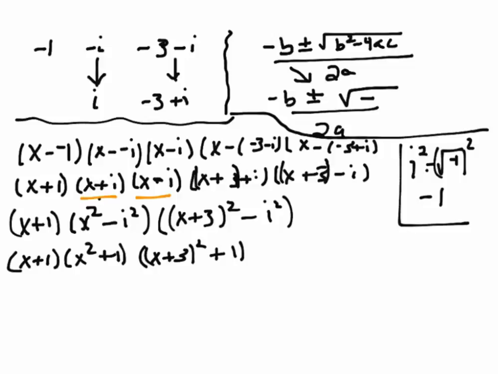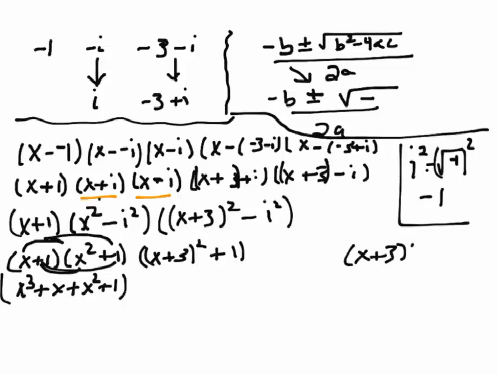Now let's continue multiplying. These two, if I FOIL them out, I will get x to the third plus x squared plus x plus 1. And then this one, your x plus 3 squared would be x plus 3 times x plus 3, which is x squared plus 3x plus 3x would be plus 6x, plus 9.